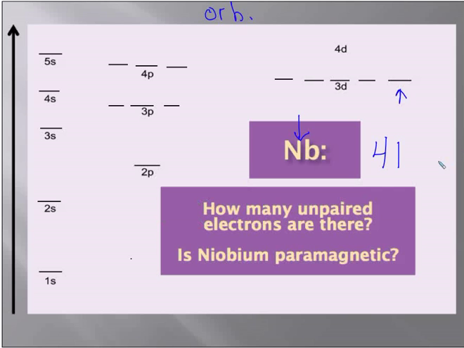To element 41, we're talking about neutral substances right now. So we're going to put 41 electrons in. And you'll notice I'm going to obey those rules. 2, 4. Oh, missed some orbitals here. The P should have 3.